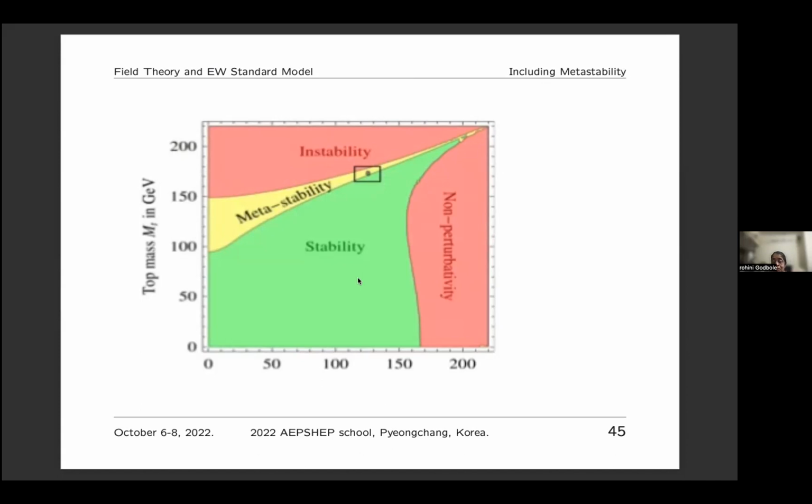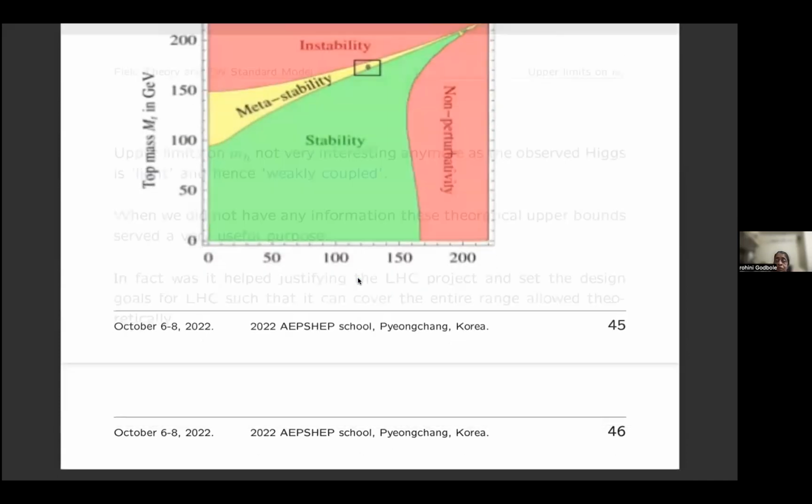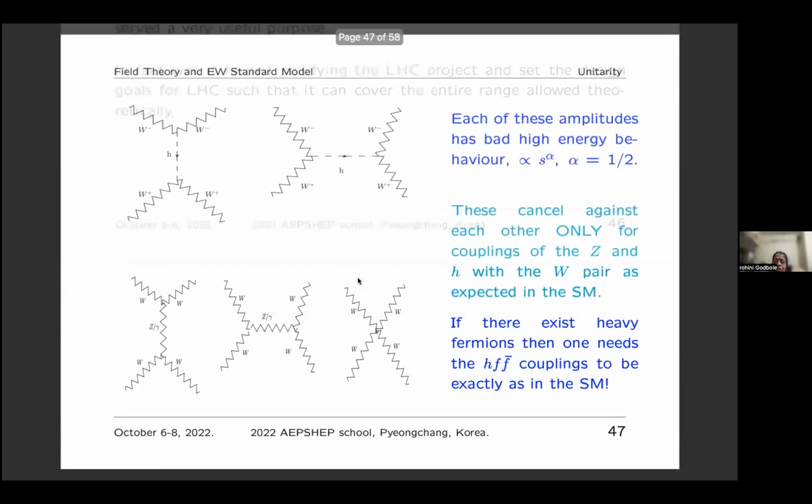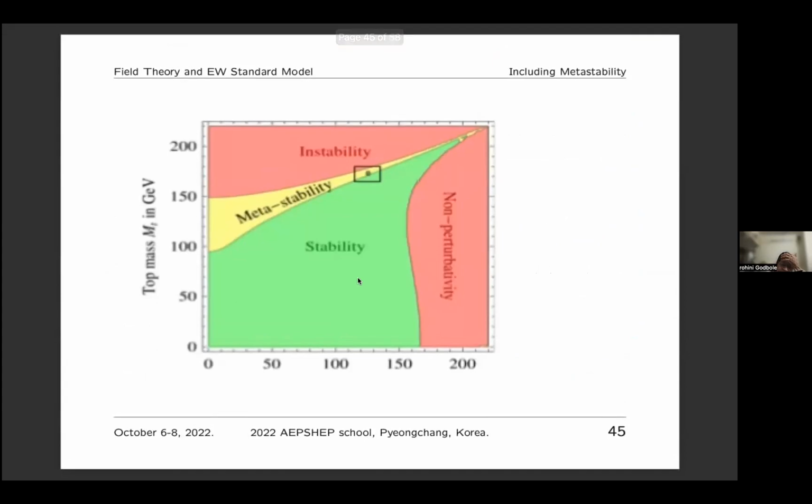Now you will ask me the question, what is the scale up to which you are thinking of stability or instability? I don't think I have that plot, but there is a plot in that paper showing the scale. The point here is that this assumes stability all the way to the Planck scale, so maybe 10 to the 16, 10 to the 17 GeV.